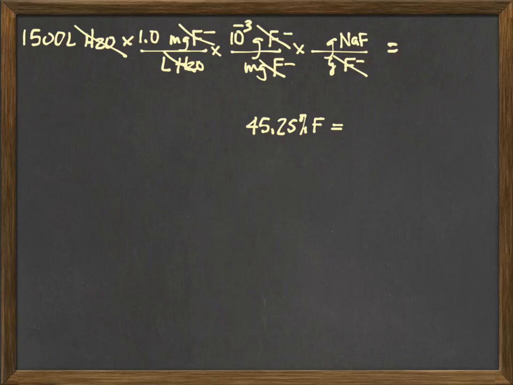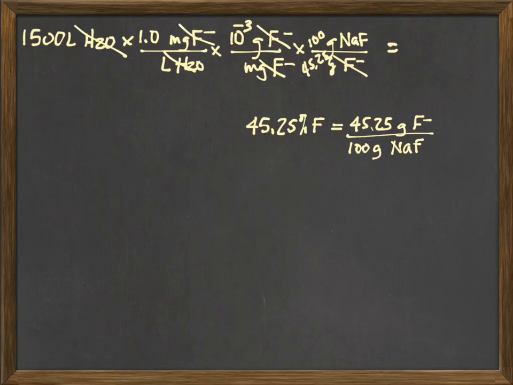That means 45.25 grams of fluoride per 100 grams of sodium fluoride. And that's the conversion factor we need for this last piece. So 100 grams of sodium fluoride and 45.25 grams in there. It's a mess.